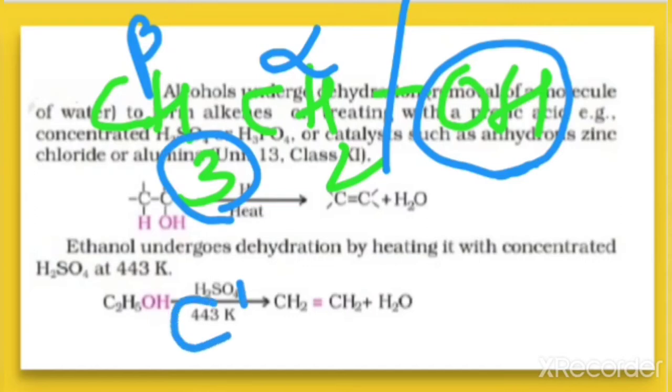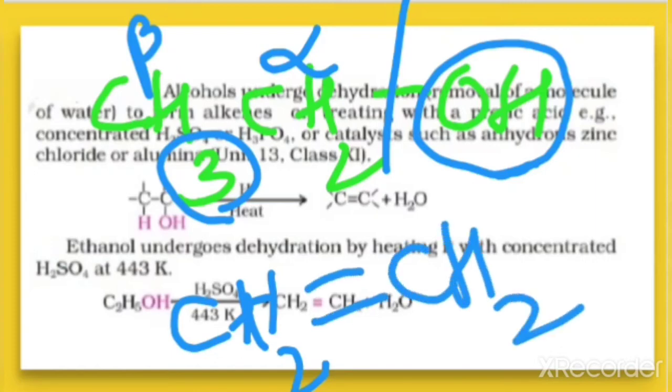Now CH2 is left because one H is removed from here, CH2 double bond CH2. It results in the formation of alkene due to the removal of water, that is OH from the alpha carbon and H from the beta carbon. You can check here that between the alpha and beta carbon there is a formation of double bond.